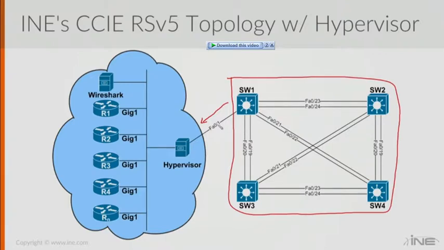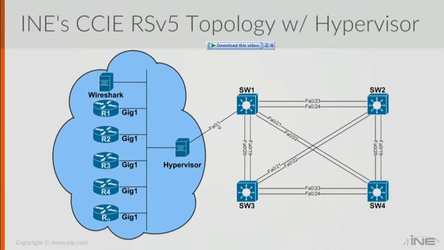But this is how our topology now works, that there's a physical link from the virtual world into the physical world, and then all the routers are connected to a virtual switch that is in the virtual world. So we'll see that when you do the configuration, if one of the tasks is not talking about layer 2 switching, you don't need to do any config on the switch.